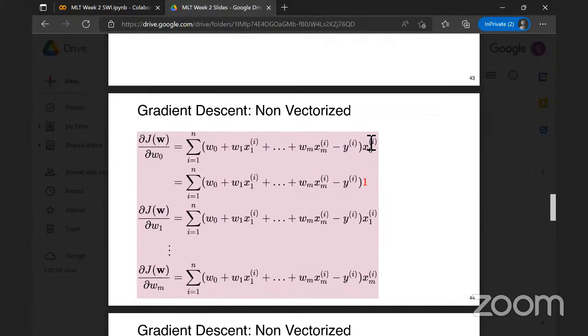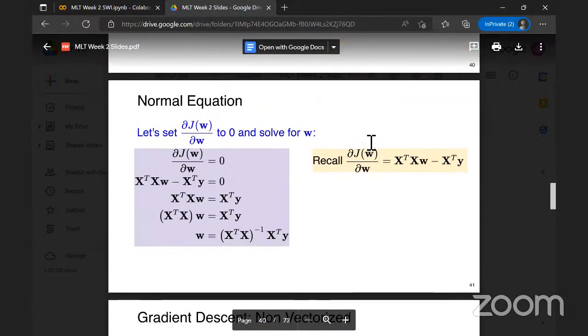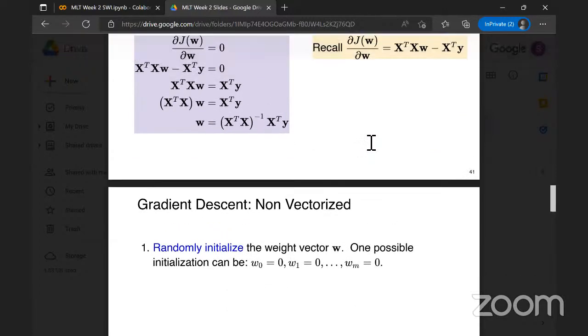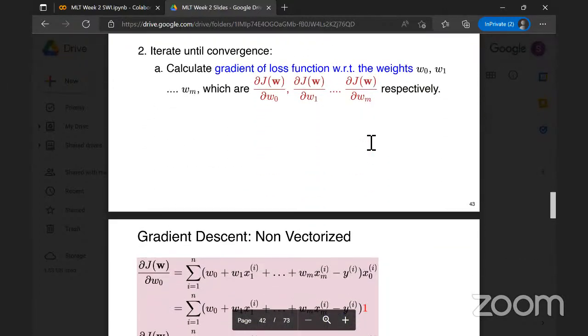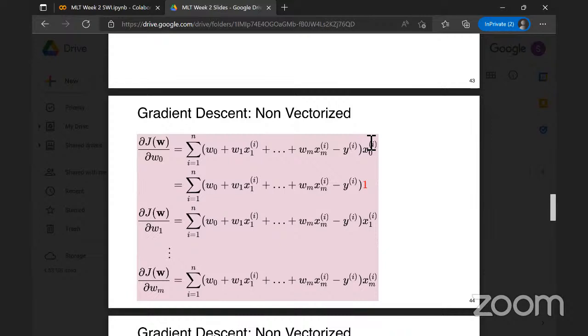First of all, see this equation and this equation, they are exactly the same. One is written in expanded version, another in matrix or vector format. Let me write something.